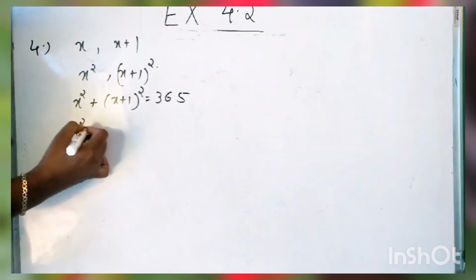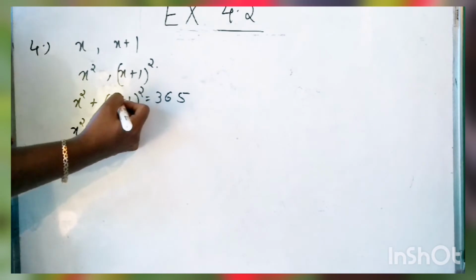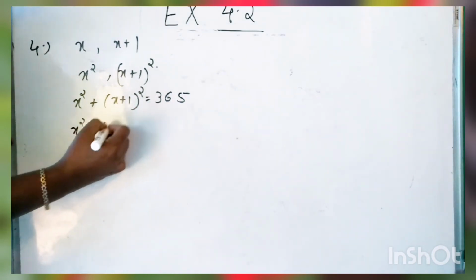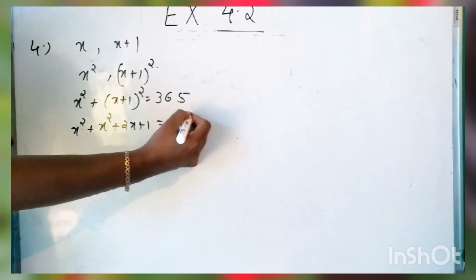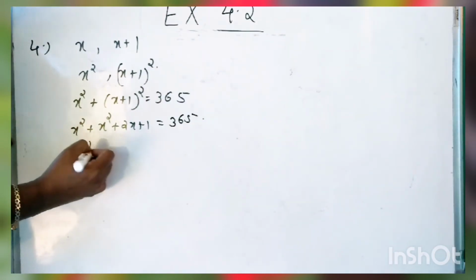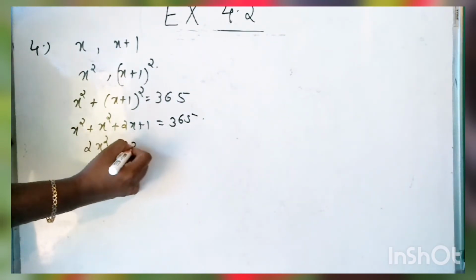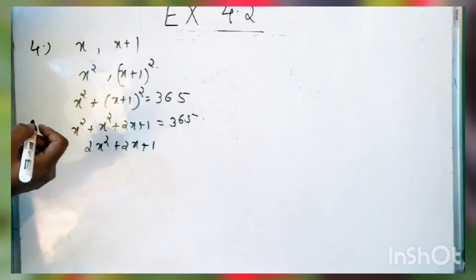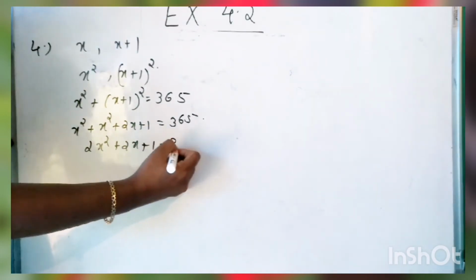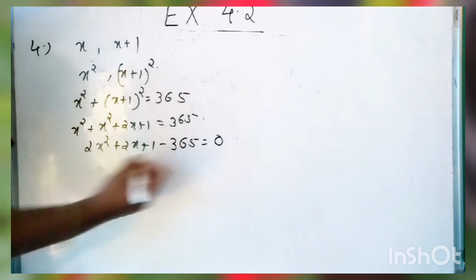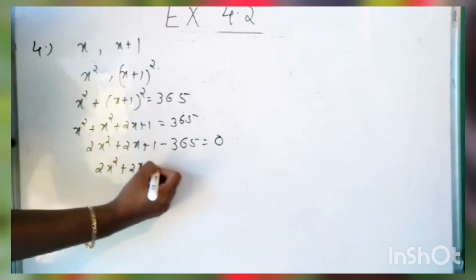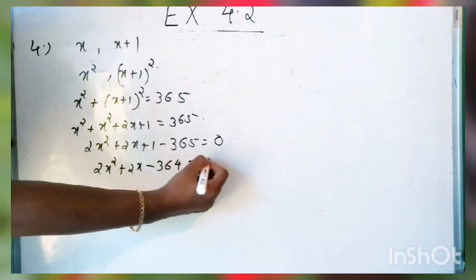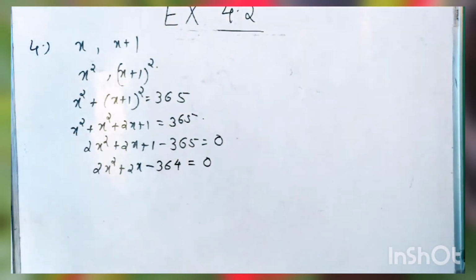Expand it by using (a plus b) all square. That is x square plus 2x plus 1 is equal to 365. X square plus x square, that is 2x square plus 2x plus 1 minus 365 is equal to 0. That is 2x square plus 2x minus 364 is equal to 0.